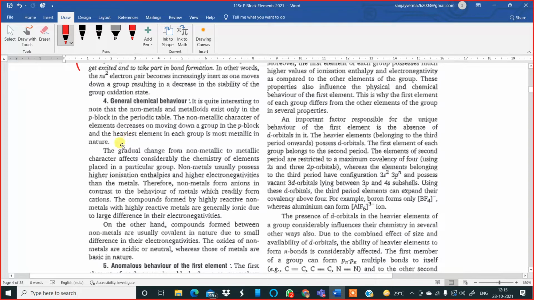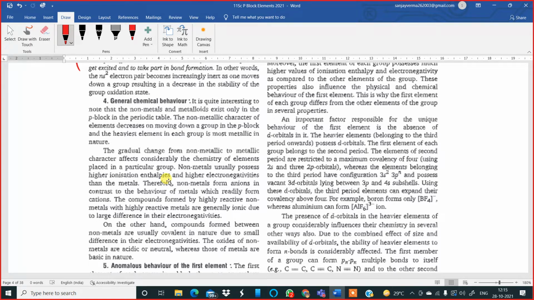Therefore, the gradual change from non-metallic to metallic character affects considerably the chemistry of elements placed in a particular group. Non-metals usually possess higher IP; we know that, they need a lot of energy to remove electrons from the valence shell. That means non-metals possess higher ionization potential or higher electronegativities than metals.